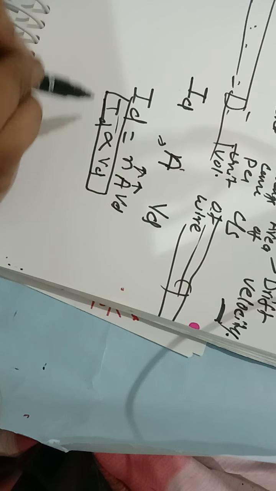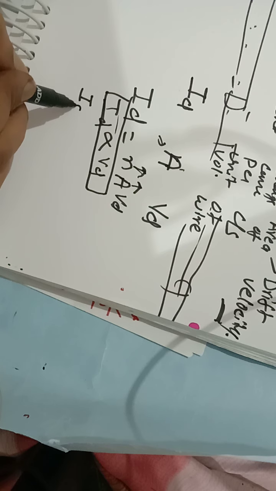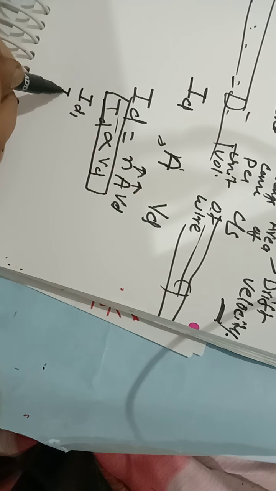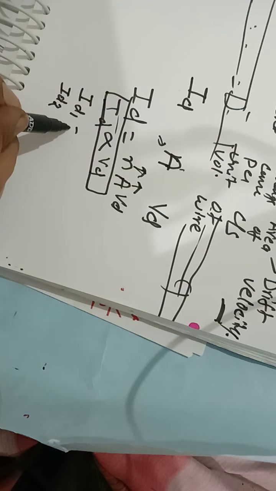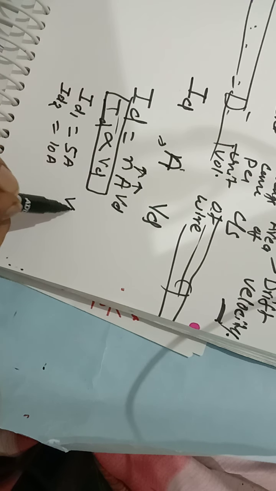Suppose previously the current was ID1, and now the current is ID2. Previously it was 5 ampere and now it is 10 ampere. So what can we say, will VD1 be more or VD2 be more?